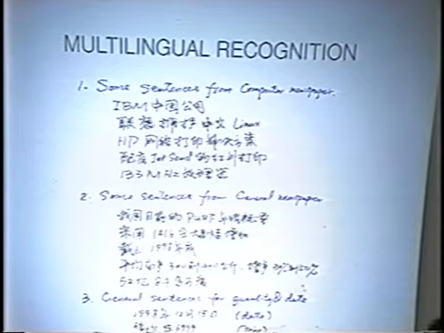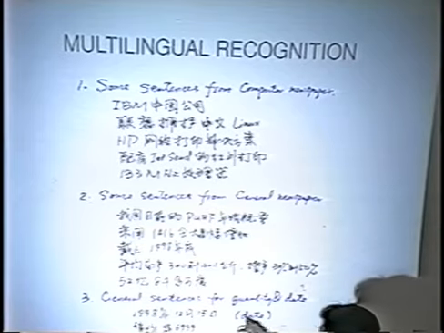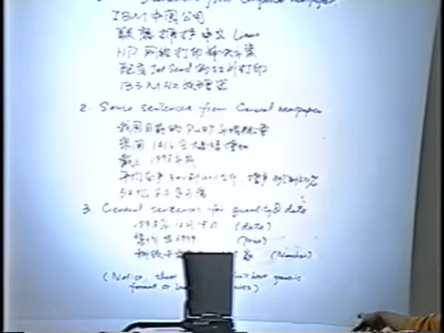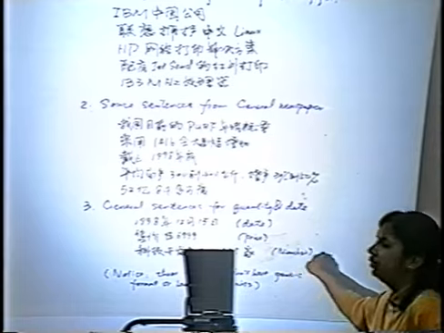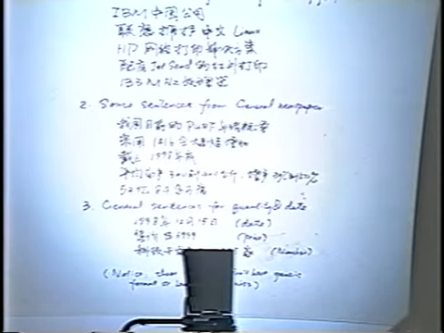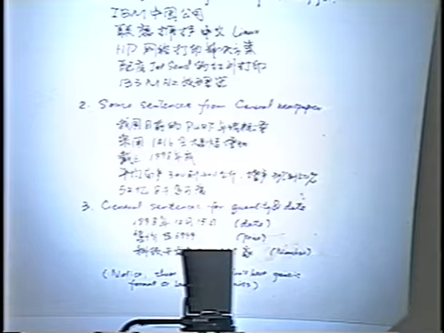And people also write things like this, followed by date or price and number. So you would want to identify the language that the person wrote and then go back and redo the recognition.